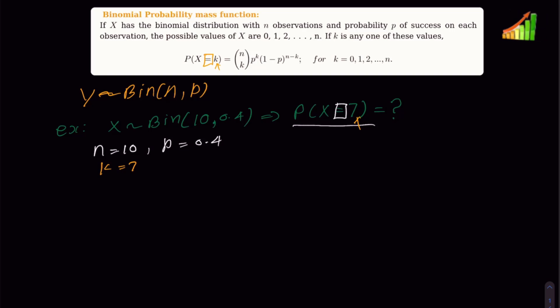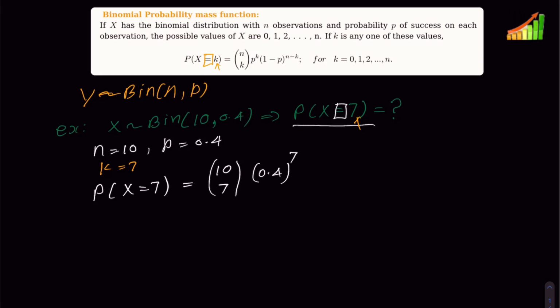Now we can apply this to the probability X equals 7. n is 10, k is 7 and p is 0.4 to the power 7, then (1 minus 0.4), and n minus k is 10 minus 7. Now let me first explain how to simplify 10 choose 7.